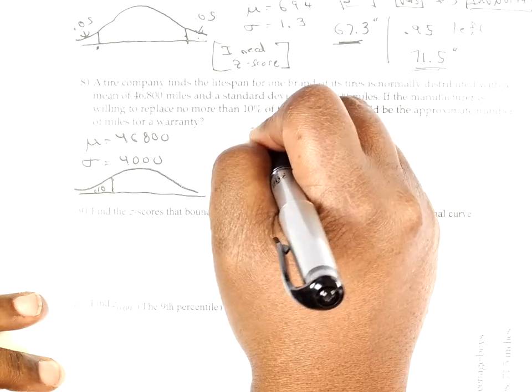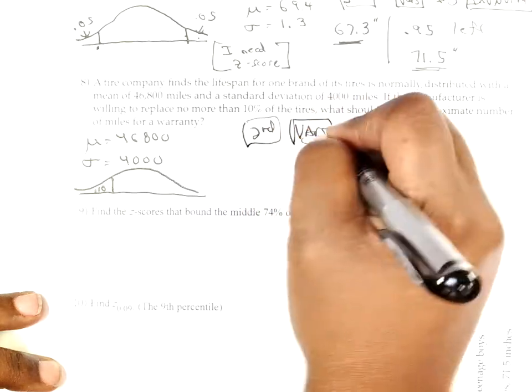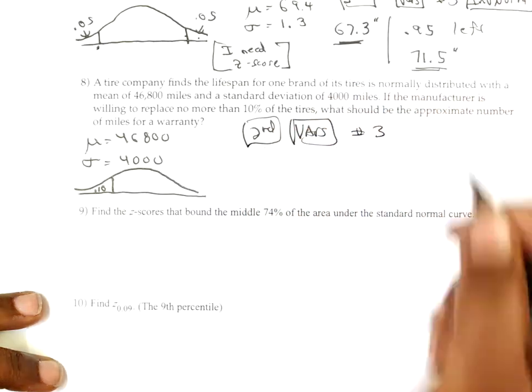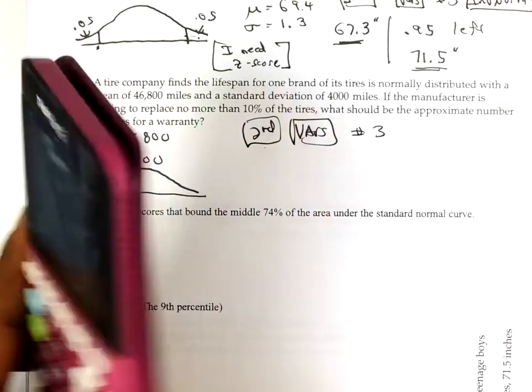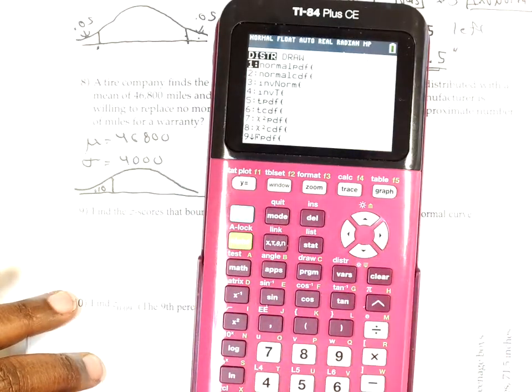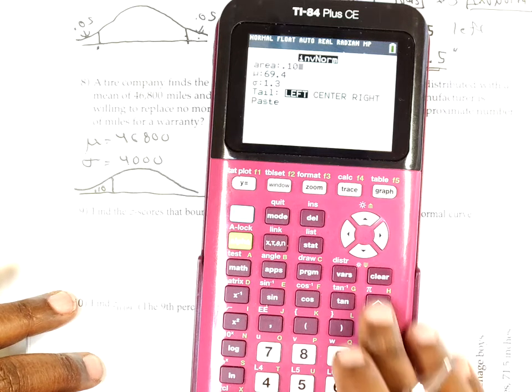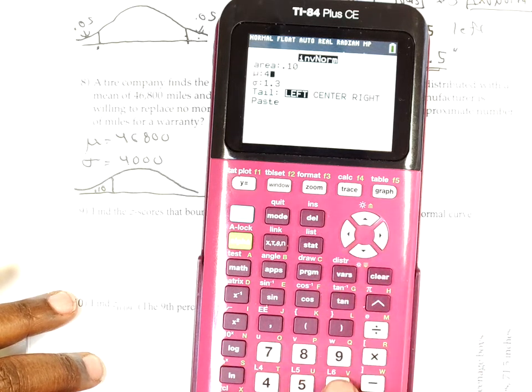So second VARS, number 3. So the area this time is 0.10. The mean is 46,800. And the standard deviation was 4,000.